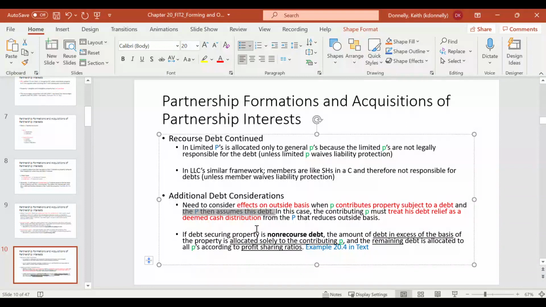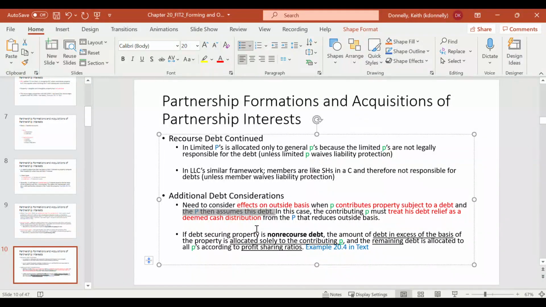Now, to make things even more complicated, if the debt securing the property, so we have a partner contributing property, just say a building with $30,000 of a mortgage attached to it. If that's non-recourse debt, they can't individually come after the partner, they can only go after the property itself.